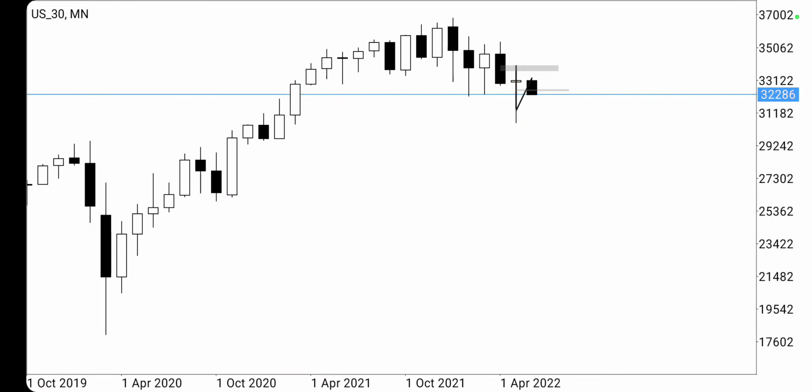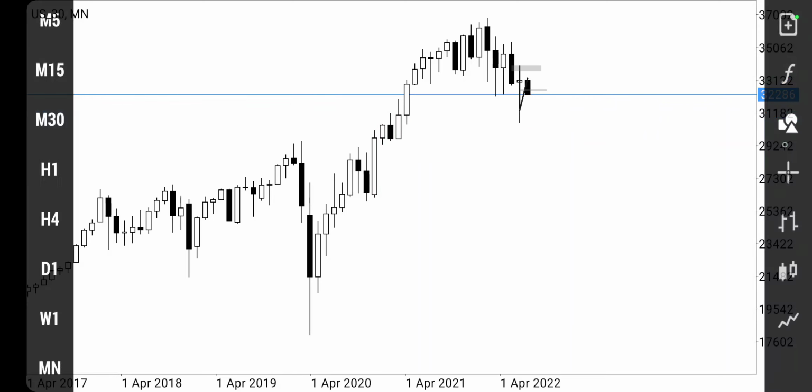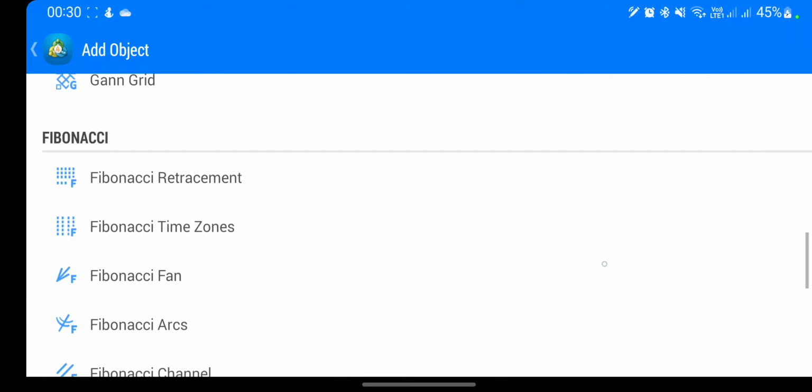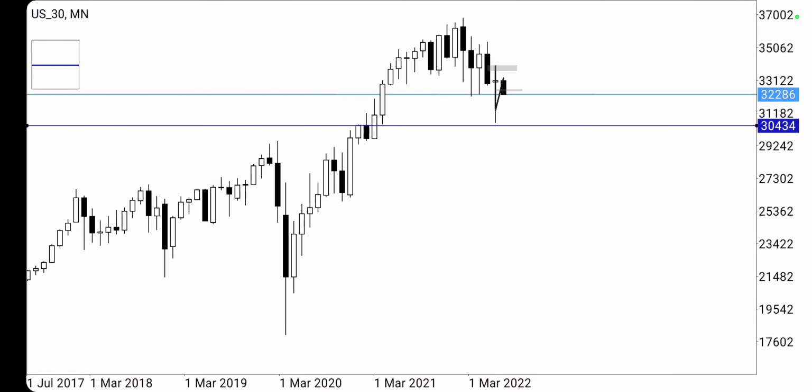Okay, on monthly, the nearest area of support is here, which I think was hit. Let's put a horizontal line and check if it was hit or just missed by a small margin. Just missed.